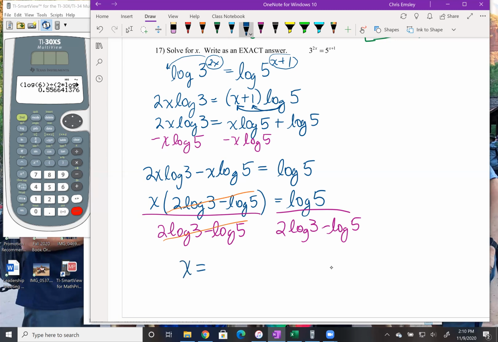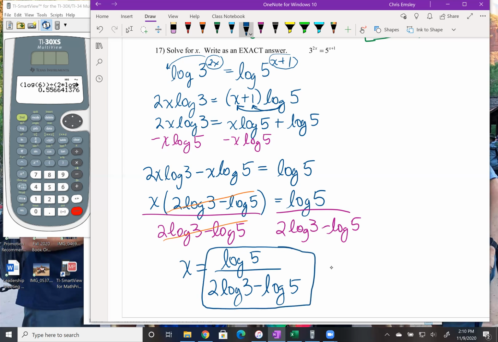That's how we did it on purpose. And on the right, that is our answer right there. This one did not ask for a rounded answer. So we would just give this exact answer. You can do some things with the properties of logarithms to simplify this even further, but it's sufficient for you just to leave it like that.